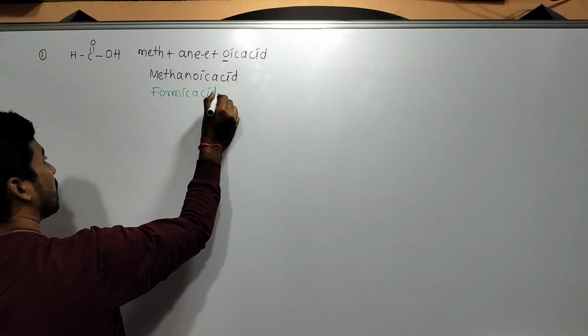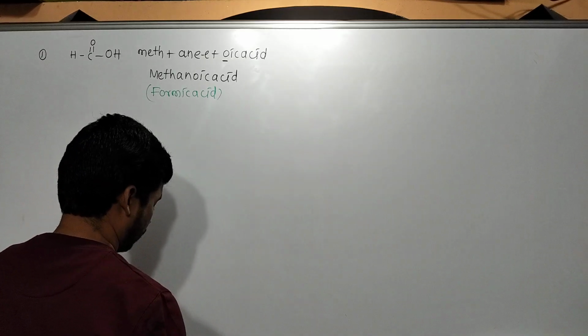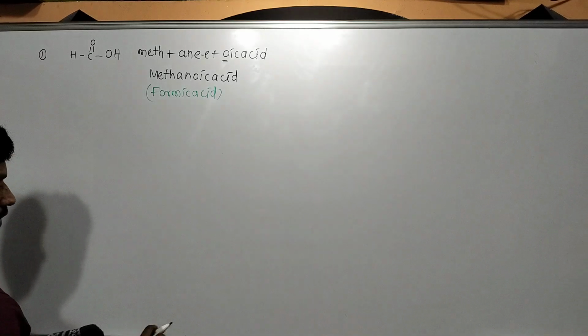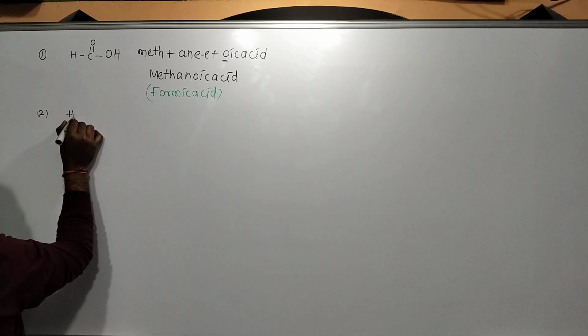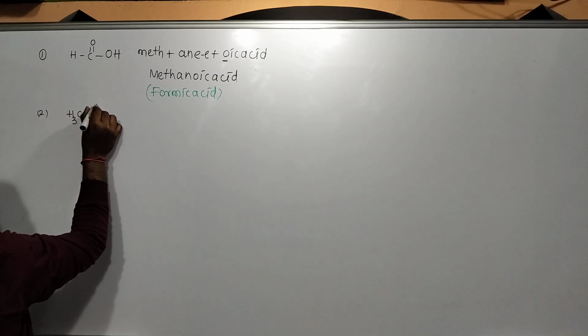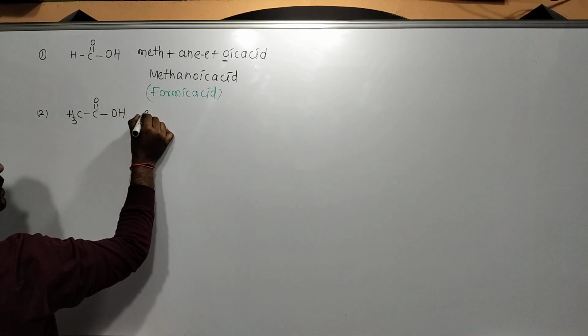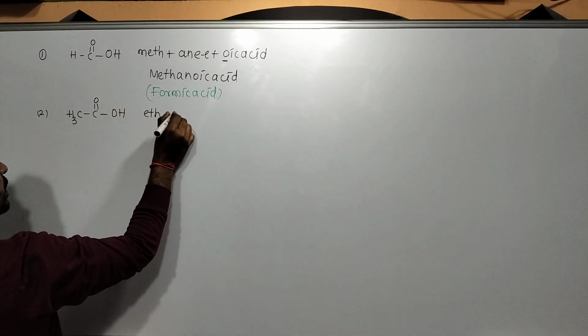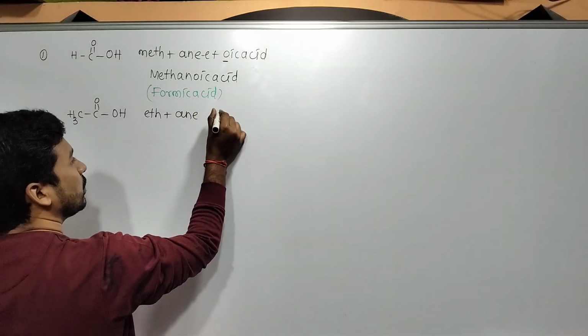I will write the common name with a green marker in brackets. Next, the second molecule, CH3COOH. For this molecule, count the number of carbon atoms: 2. Between those two carbon atoms is a single bond, so ane.